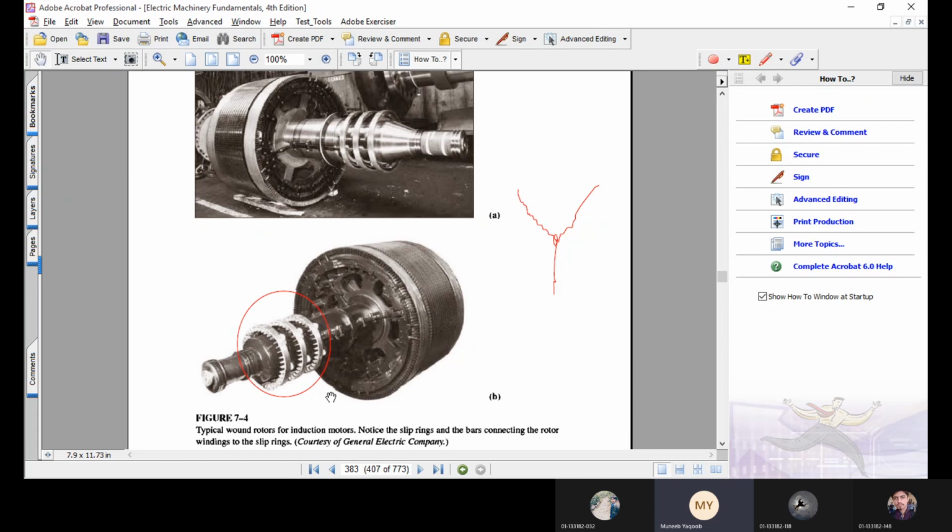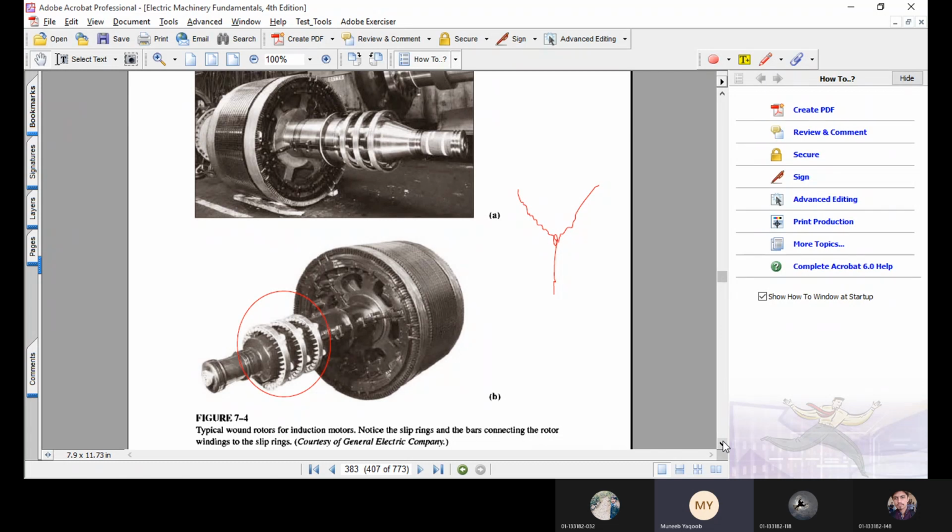One carbon brush is riding at one of the slip rings, and hence we avoid the mingling or the mixing of the wires, and hence any breakages. So this is the same phenomenon as I explained for the slip rings and carbon brushes scheme for the provision of DC field current to synchronous motors.